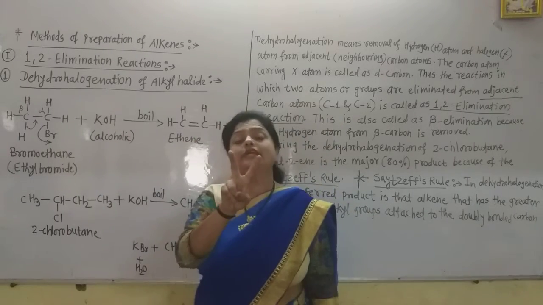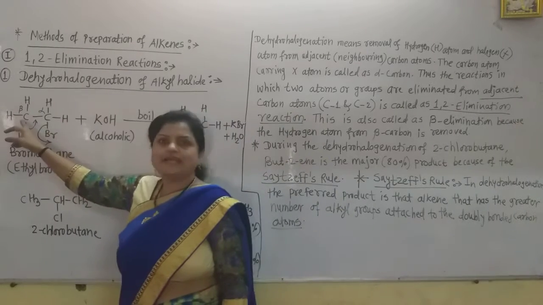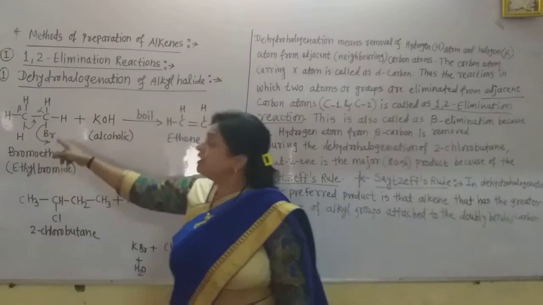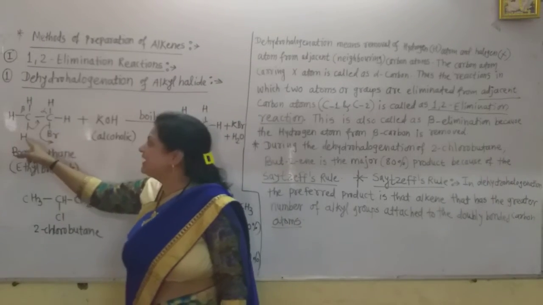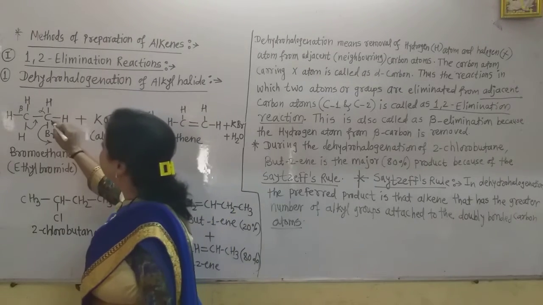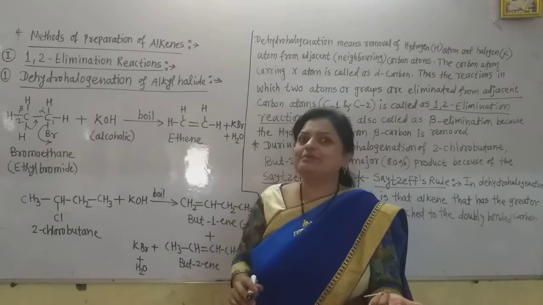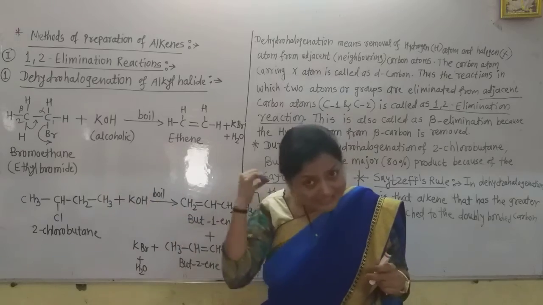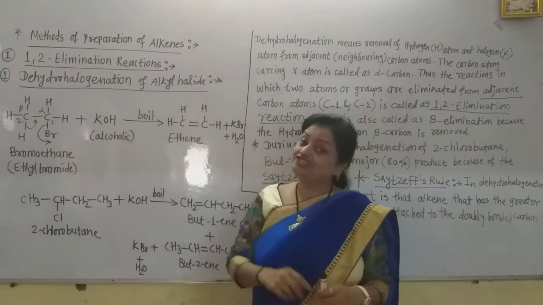Here 2 different atoms are removed from the 2 carbon atoms. From the first carbon bromine is removed, and from the second carbon hydrogen is removed. As these are the 1,2 carbon atoms, from the 1,2 carbon atoms the 2 different atoms are eliminated. So this reaction is called the 1,2 elimination reaction generally.